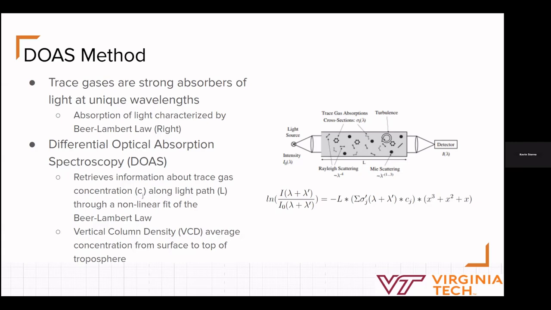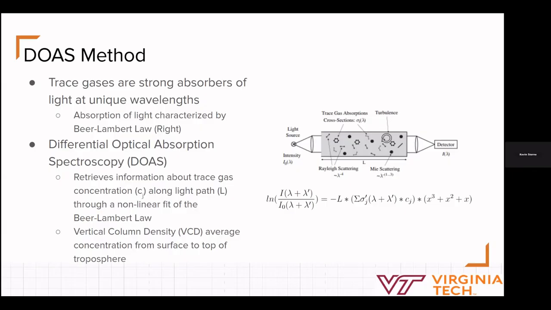This interaction is characterized by the Beer-Lambert law, which can be seen in this equation to the right, and demonstrates that simply by measuring how much light exists at a detector and a proper estimation of how much light exists at its source, you can determine wavelength by wavelength how much of that light has been absorbed as it's traveled along this path, ultimately representing an aggregate average concentration that exists along this path.